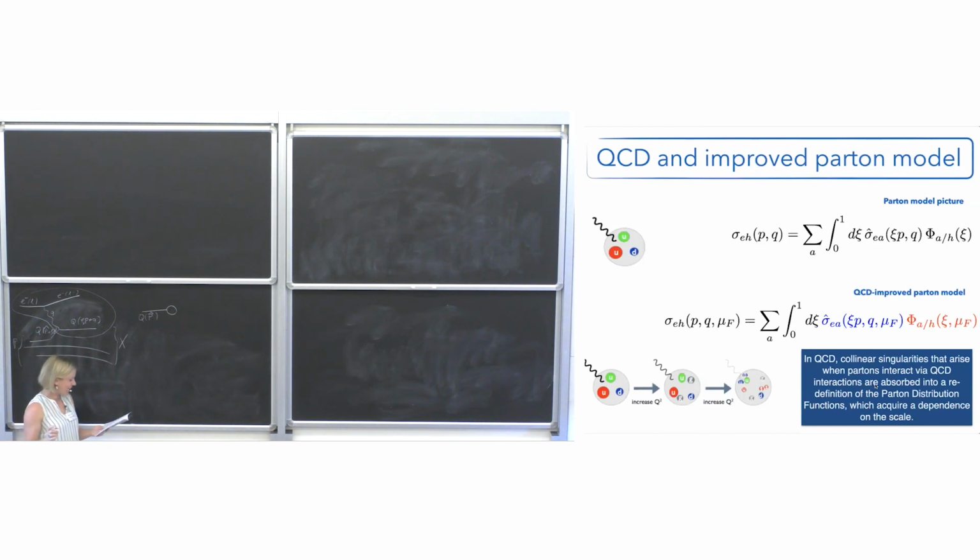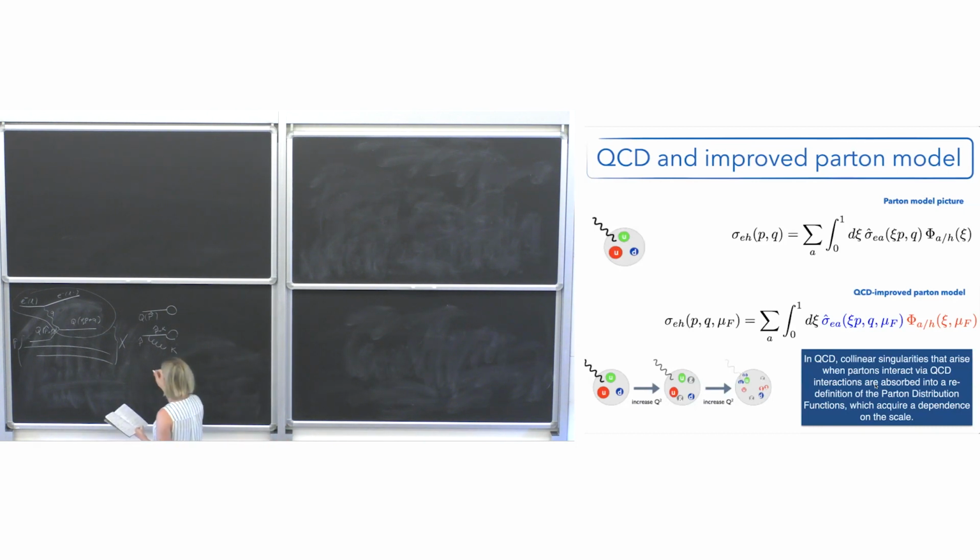So to that, I want to add real and virtual corrections, okay? So let's do it explicitly. If you do a real correction, you emit a gluon of momentum k, and as a result, the momentum that enters this process is p hat minus k, okay?